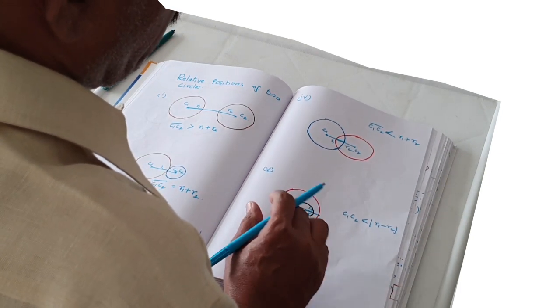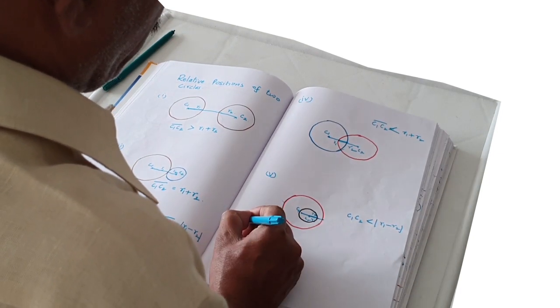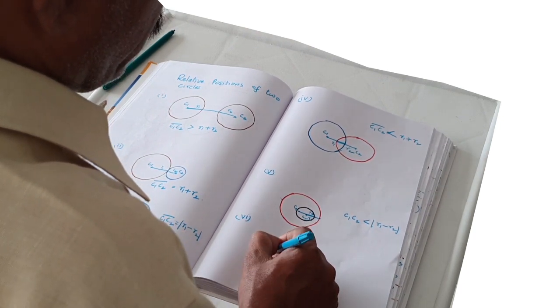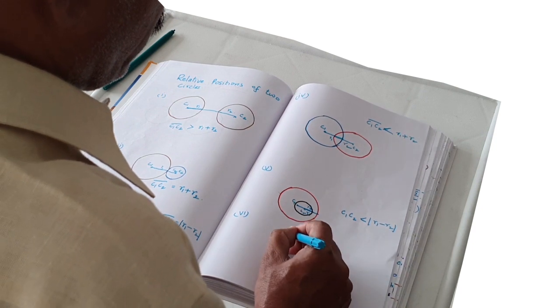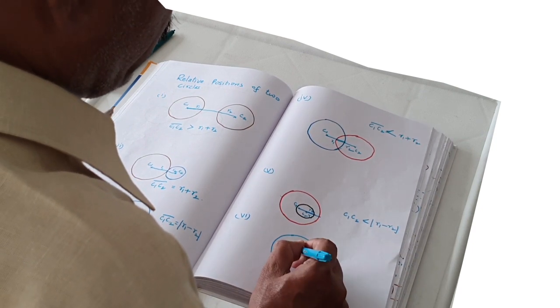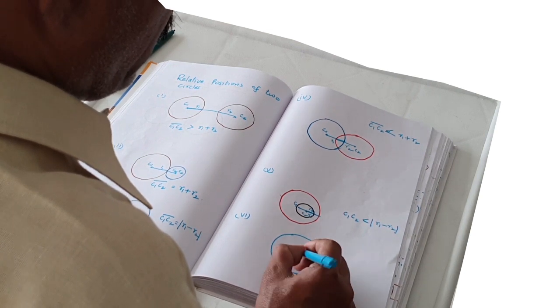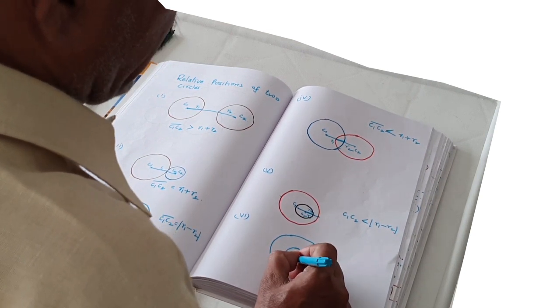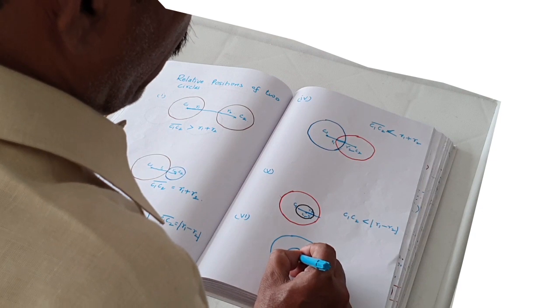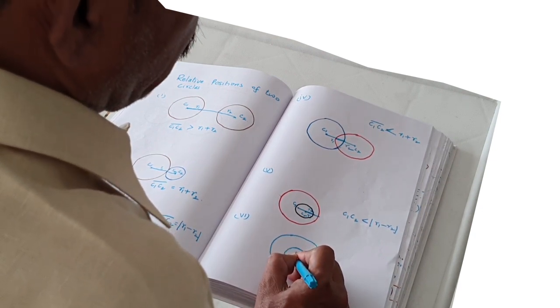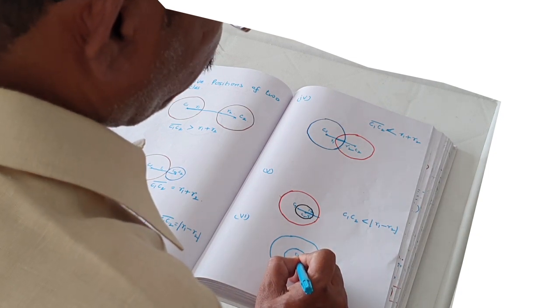See, there is another case also. This is circle 1. This is circle 2. The center of the first circle is C1 and the center of the second circle also is this one. That means these two circles have the same center with different radii.